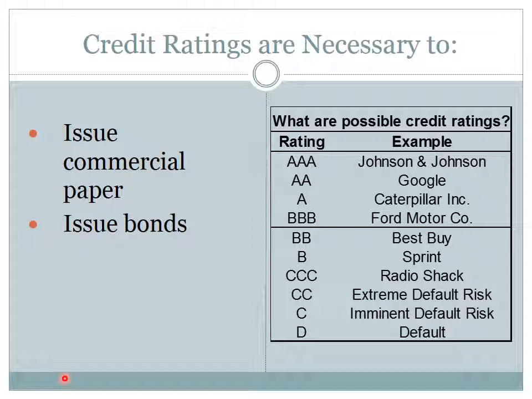Best Buy fell to a double B rating, so that was kind of big news when they fell in 2014, because they fell from investment grade. Sprint is at a B. Radio Shack, having problems, was at a triple C, and then I couldn't really find any company that we would recognize with a double CC or a D. But you can look them up; they're out there.